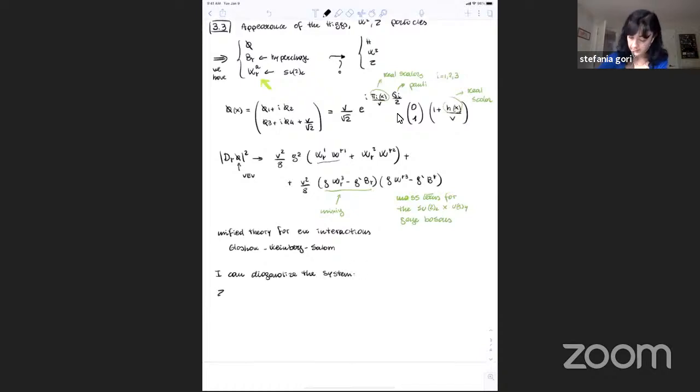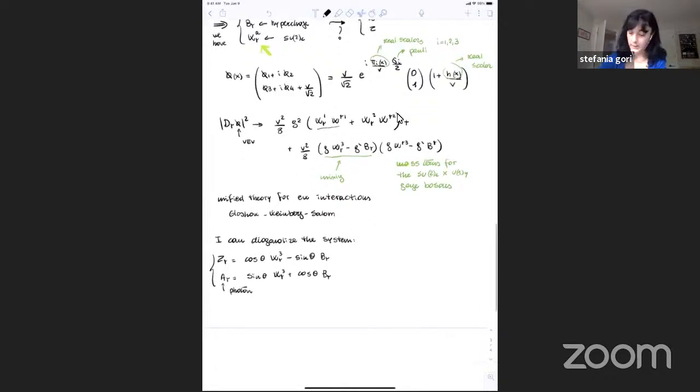I will have the appearance of the Z boson and of the photon, that are linear combinations of this W mu 3 and B mu. So we'll have cosine of theta that multiplies my W mu 3, and then I have sine of theta W mu 3 plus cosine of theta B mu, where this theta is the Weinberg angle.